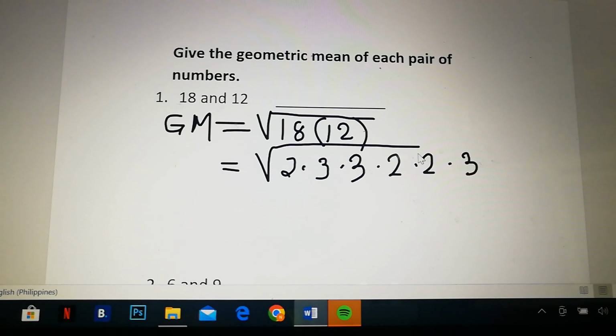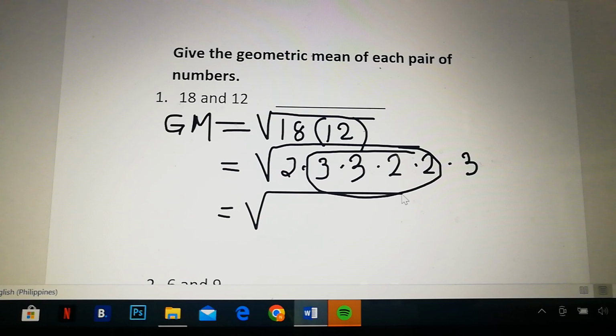So meaning this is your perfect square factor, equal to square root of 9 times 4, 36. So 3 times 3 times 2 times 2, 36, times square root of 3 times 2.